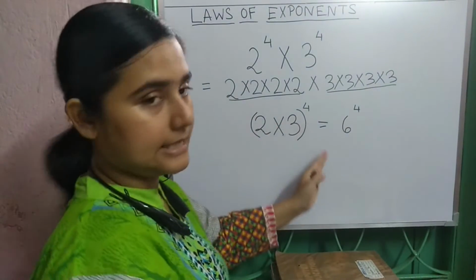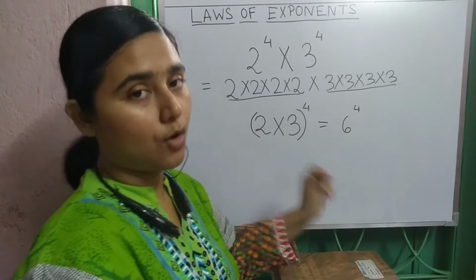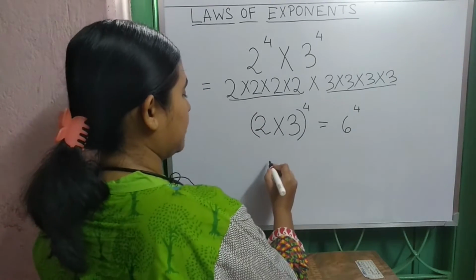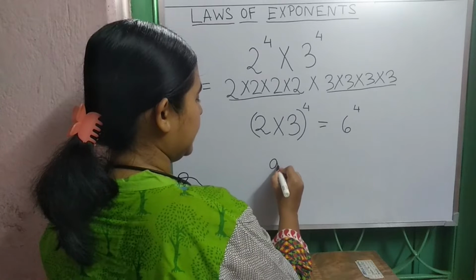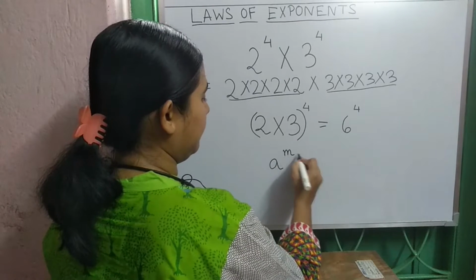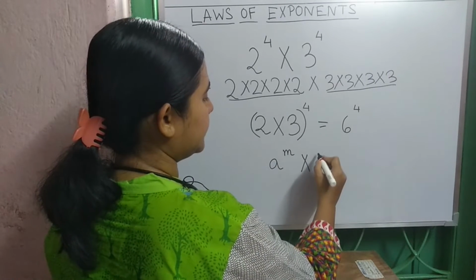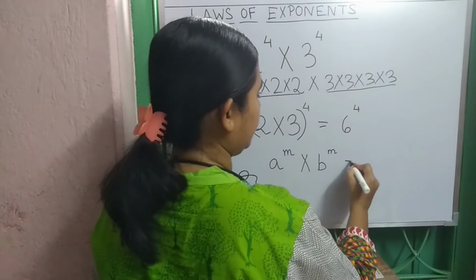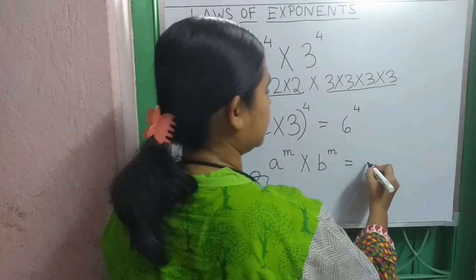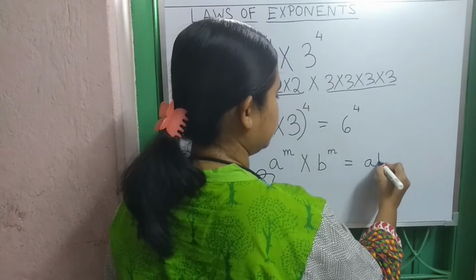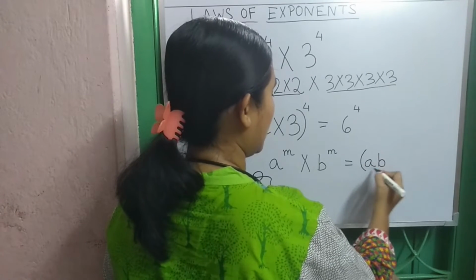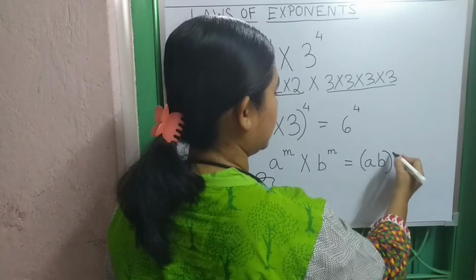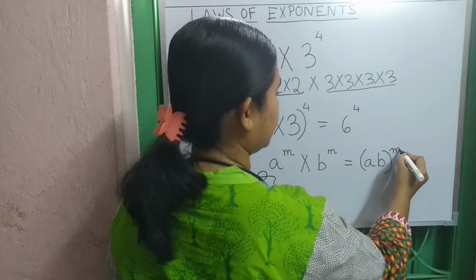So from this we can write a formula: suppose there is a to the power m times b to the power m, then we can write it as a times b whole to the power m.